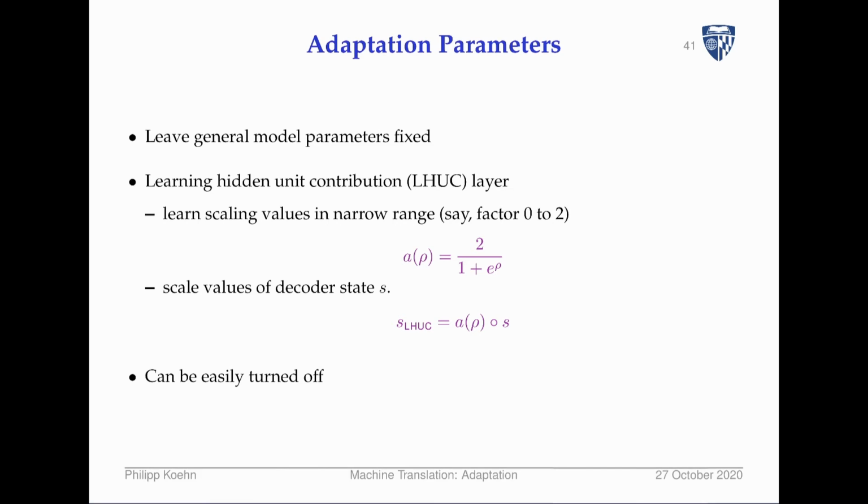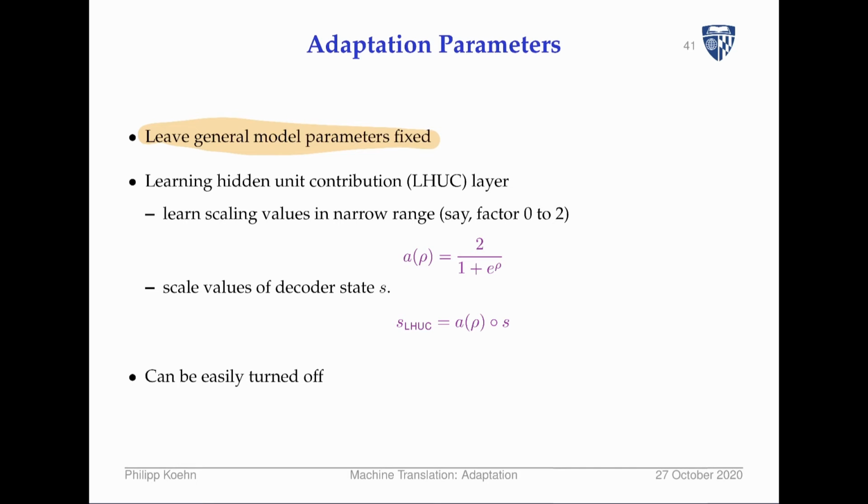Here's another idea, where we actually leave the general model parameters fixed, and then we learn an additional set of parameters for the in-domain data. These additional parameters only scale values in the original model by a narrow range.